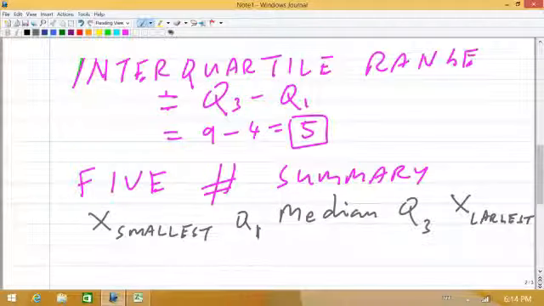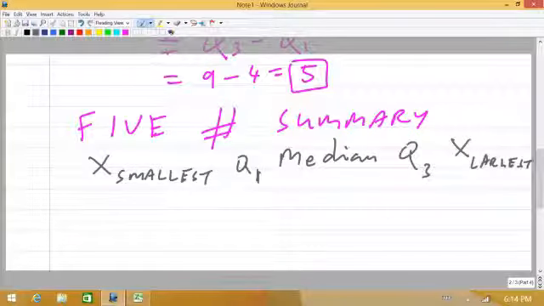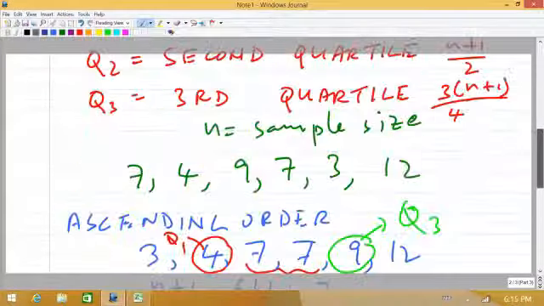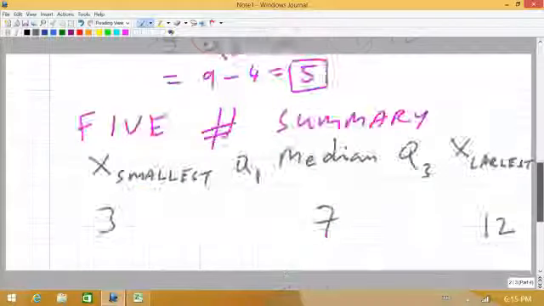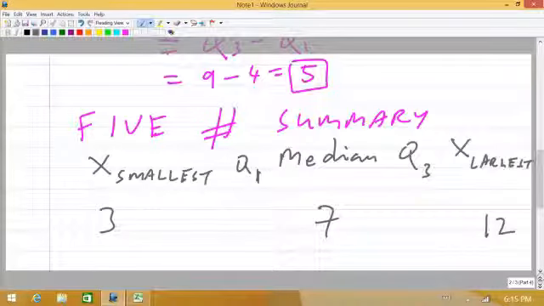In this case, the largest observation is 12, the smallest observation is 3, the median is 7, Q3 is 9 and Q1 is 4.